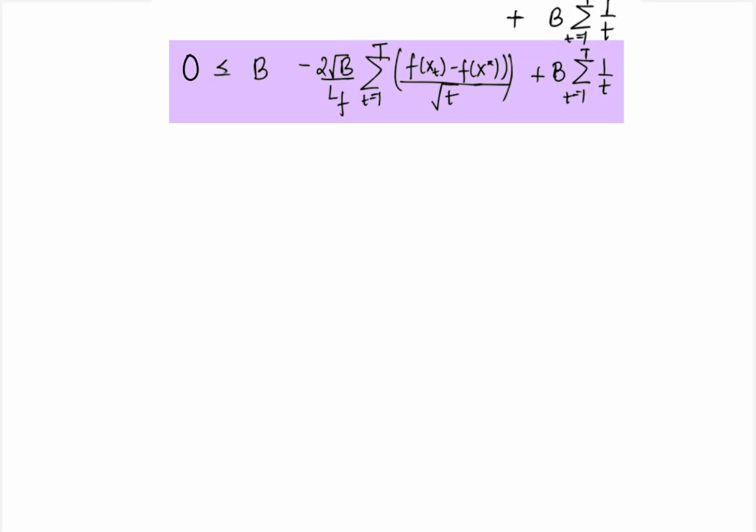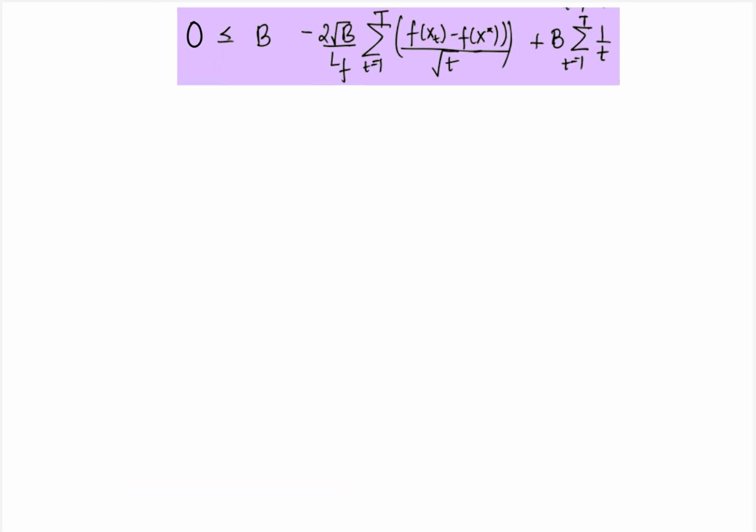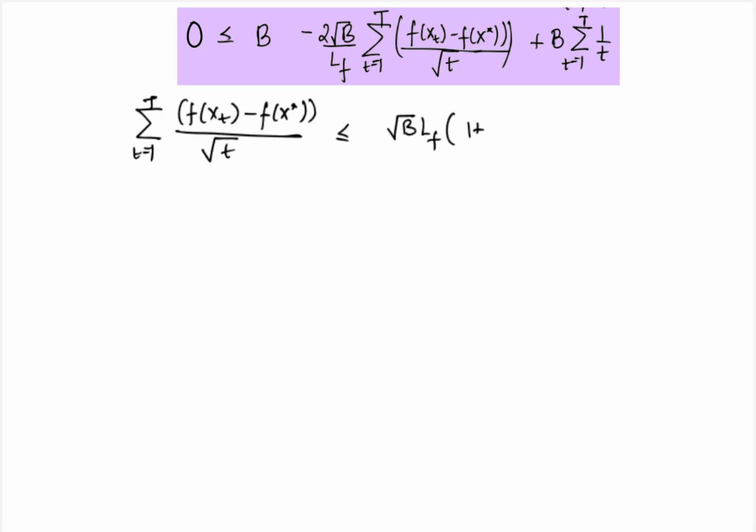Let us carry it over and rearrange it so as to obtain summation over t equal to 1 to capital T f of xt minus f of x star divided by square root t is less than or equal to square root b lf times 1 plus summation over t equal to 1 to capital T 1 over t.